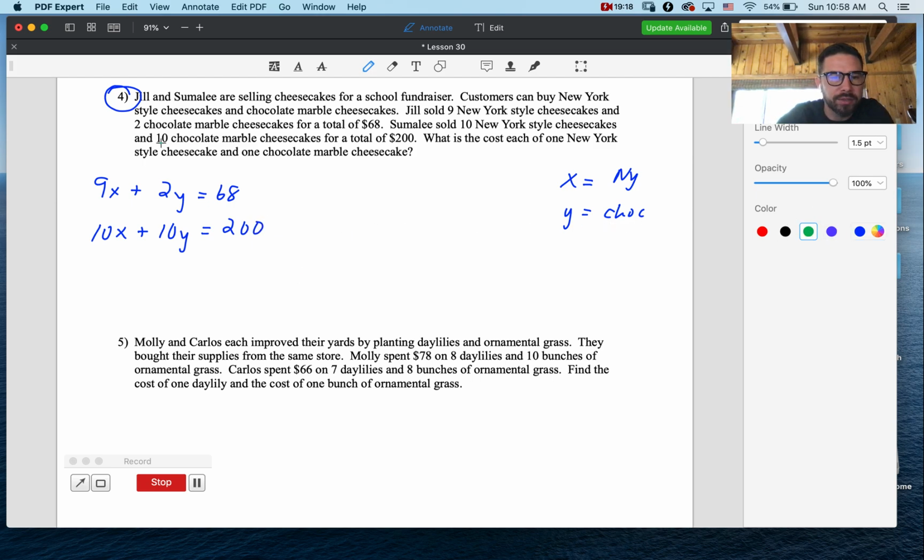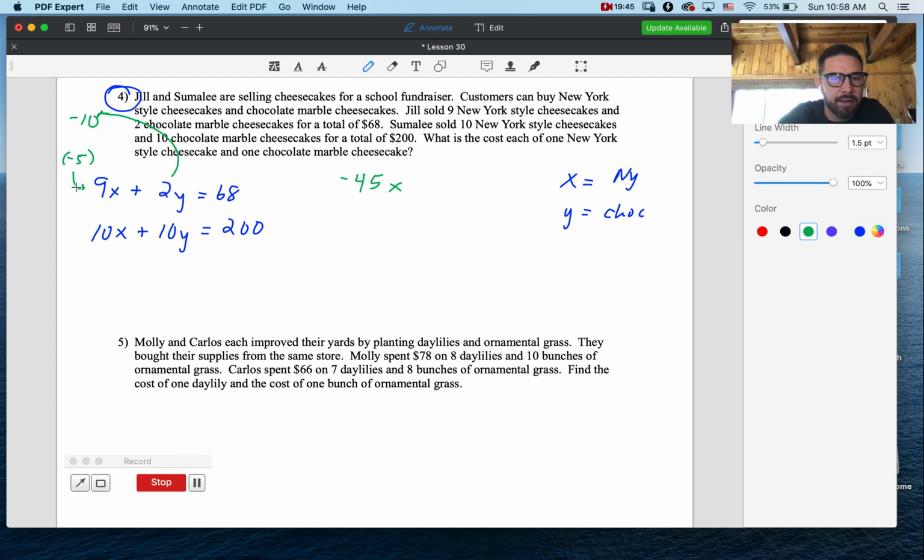I notice that I can eliminate my y's because I have a positive 10 on the bottom and I want a negative 10 on the top. So what do I need to multiply 2 by to make it negative 10? I need to multiply it by negative 5, right? So that means everything gets multiplied by negative 5. So I have negative 5 times 9 is negative 45x, right?